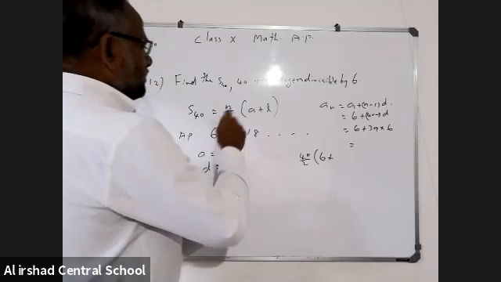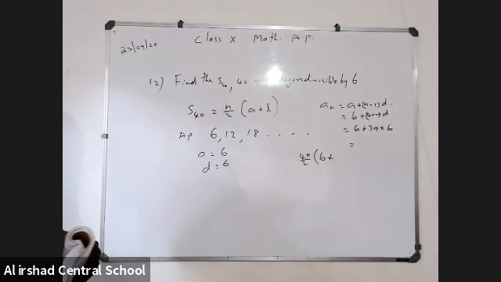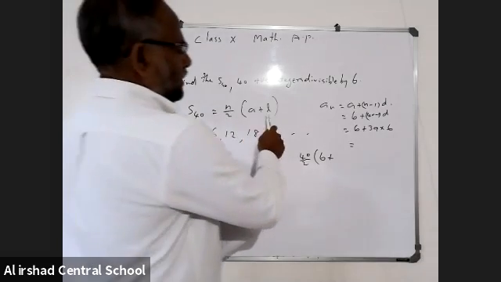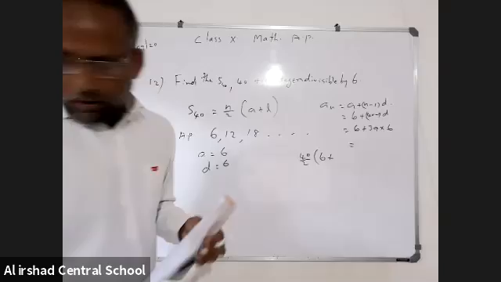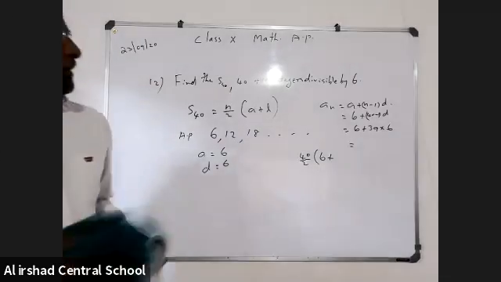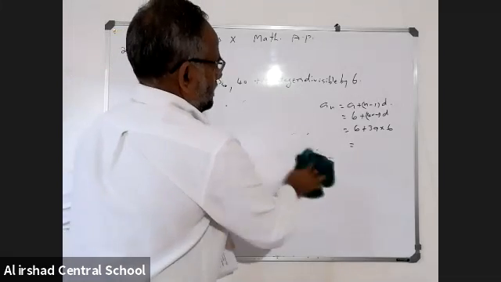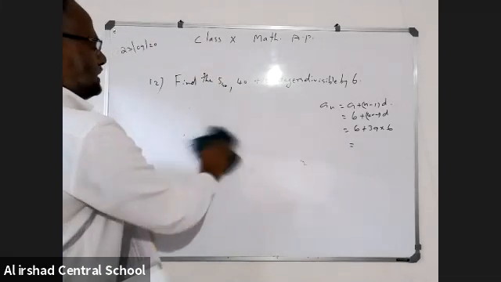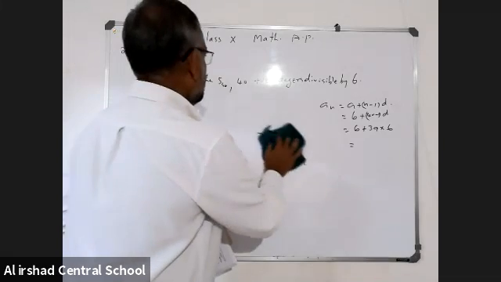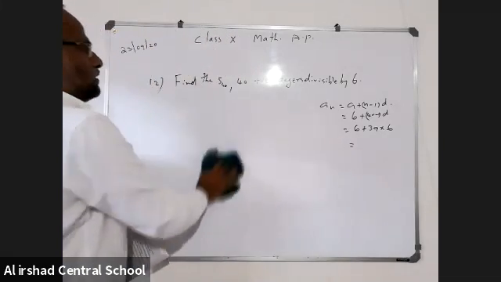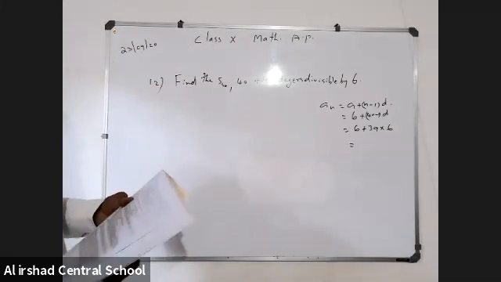I think the first formula is easy: N by 2 into 2A plus N minus 1 into D. If you do it the other way, you have to find out L. Instead of this formula, don't confuse, don't think too much. You are thinking too much because 40 positive integers divisible by 6 means N is very clear.